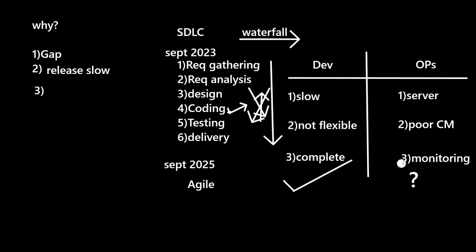It could solve the problems or drawbacks faced by the development team, but challenges faced by the ops team were still there. So we need some other methodology. That's where DevOps came in. DevOps could successfully overcome the challenges faced by both the dev team and ops team. Got it? How it can overcome them, we will see.